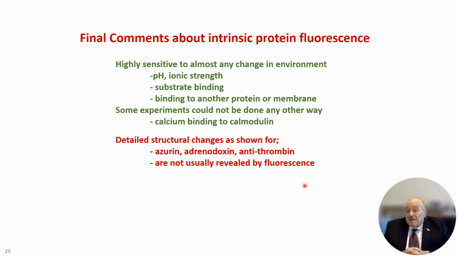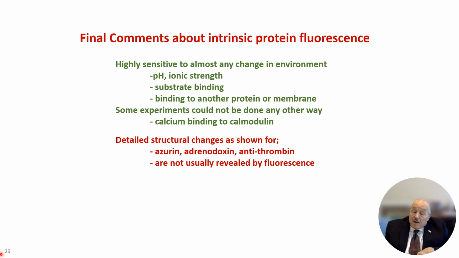So what are the final comments about protein fluorescence? I think I've showed you they're highly sensitive to almost any change in conformation, sensitive to substrate binding, sensitive to binding to other proteins or membranes.